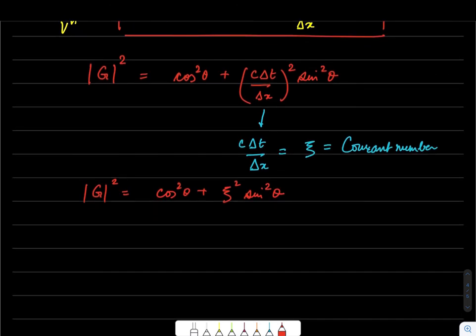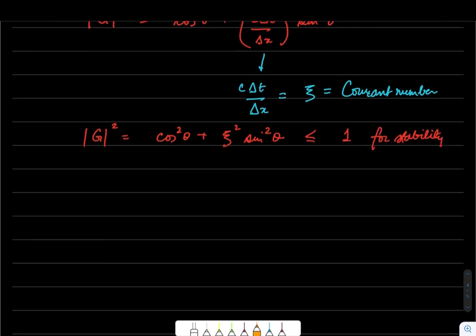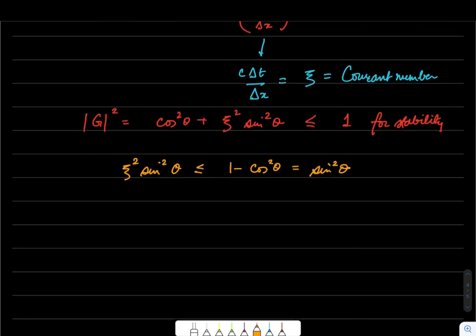Now for stability we want modulus g to be less than or equal to 1, which means modulus g square is also less than or equal to 1. So for stability we want this to be less than or equal to 1. Now what that would mean is that we can write xi square sine square theta less than or equal to 1 minus cosine square theta, which is equal to sine square theta. And now sine square theta being a positive number, I can actually cancel it on both sides, and it would not change the inequality.